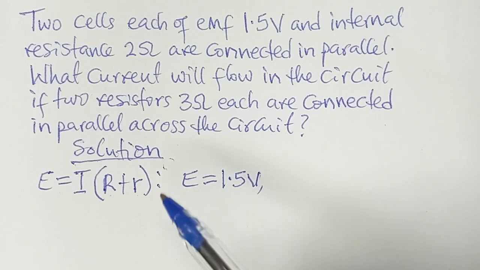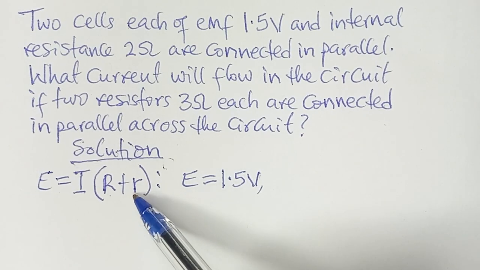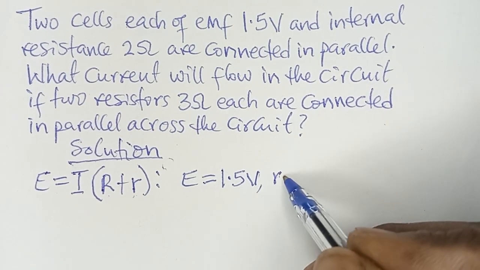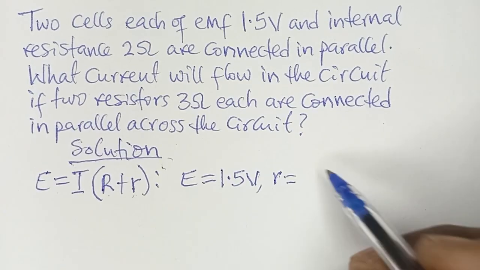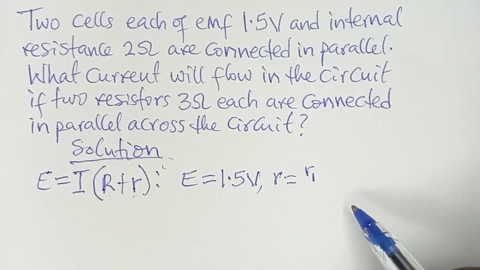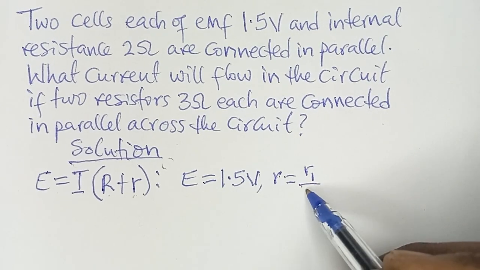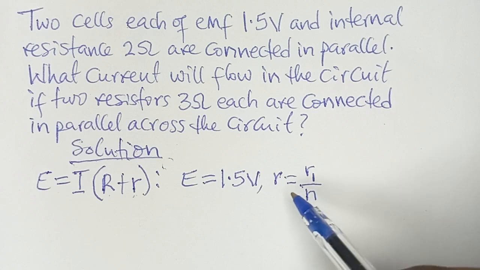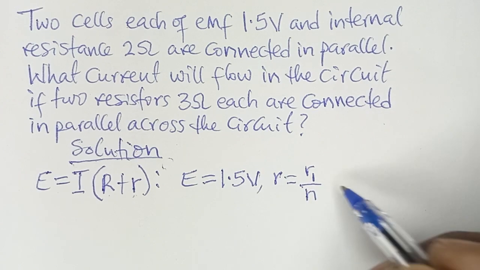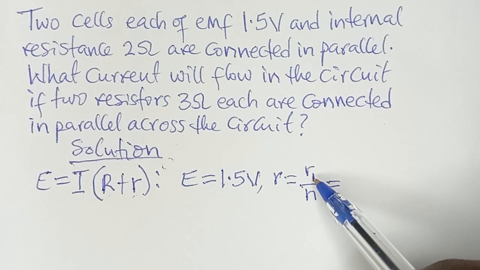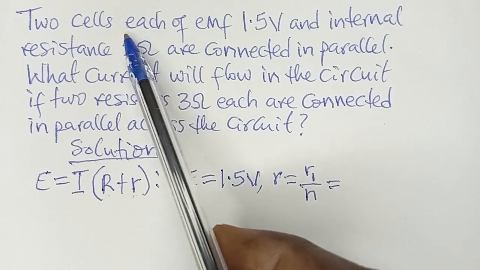Now let's look for the effective internal resistance, that is small letter r. The effective internal resistance is given by this formula: one of the internal resistances divided by the number of cells. From the question, the internal resistance of each cell is 2 ohm.